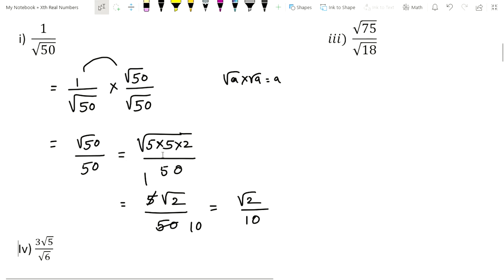Now you split this into 5 into 5 into 2. Here two 5s are there, so one you take out because this is a square root. So 5 root 2 divided by 50. 5 ones are 5, 5 tens are 50. So the answer is root 2 by 10. Okay children, you understand?